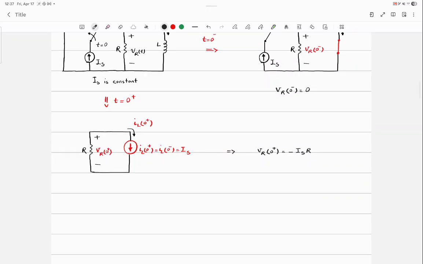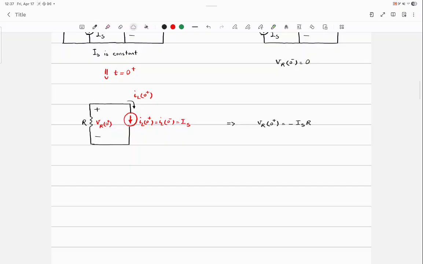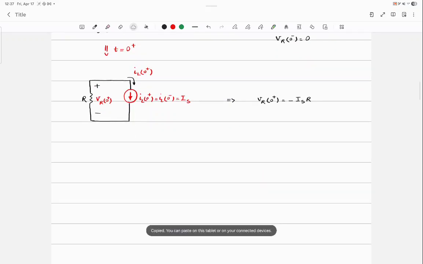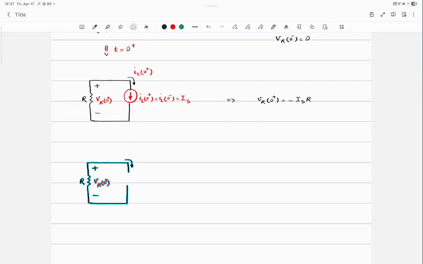Okay. What happens in the circuit at t positive? Instead of IS, it would just be the equation.